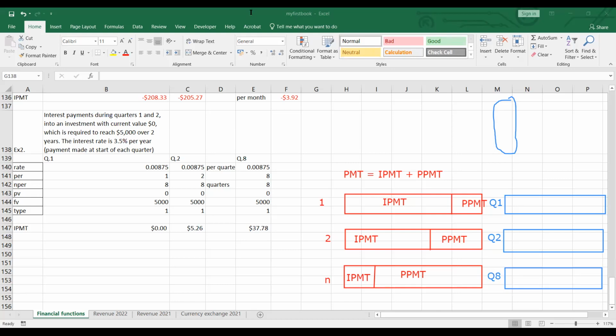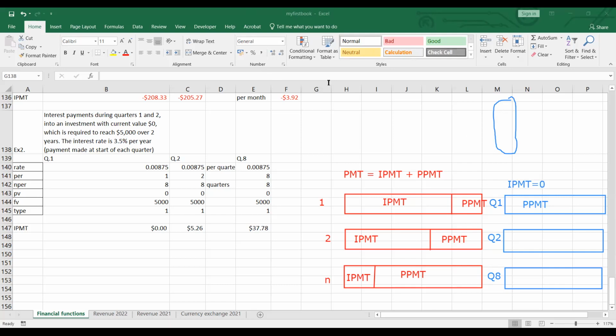For the proportion in the first quarter, the total amount is just PPMT only, while IPMT here is 0.